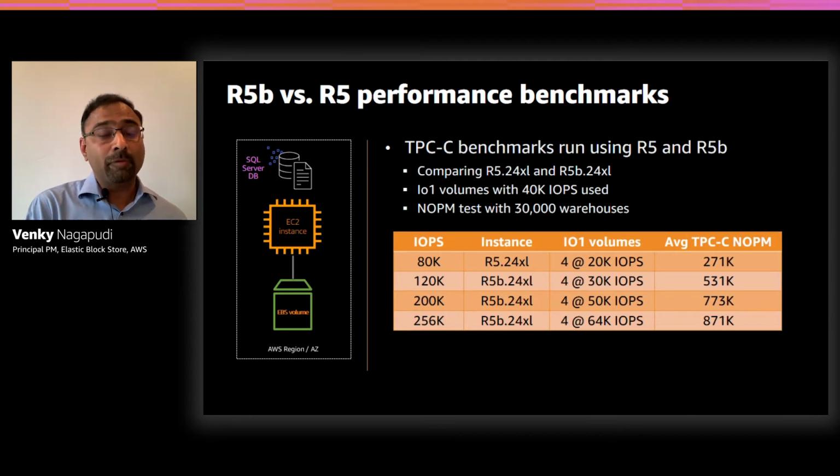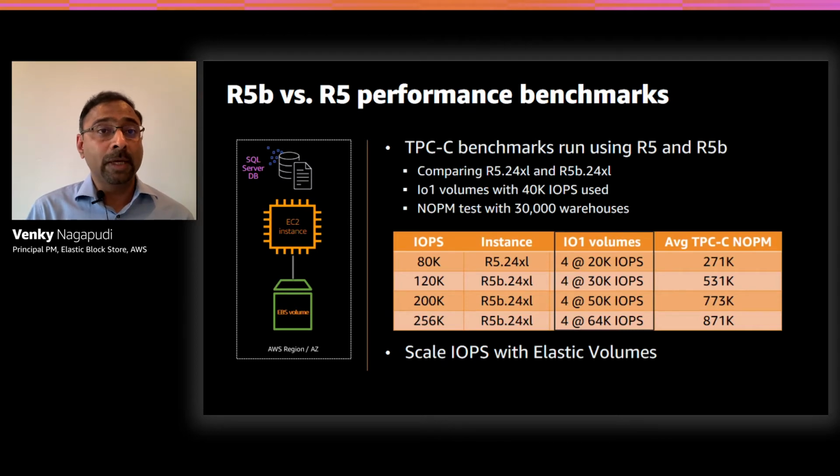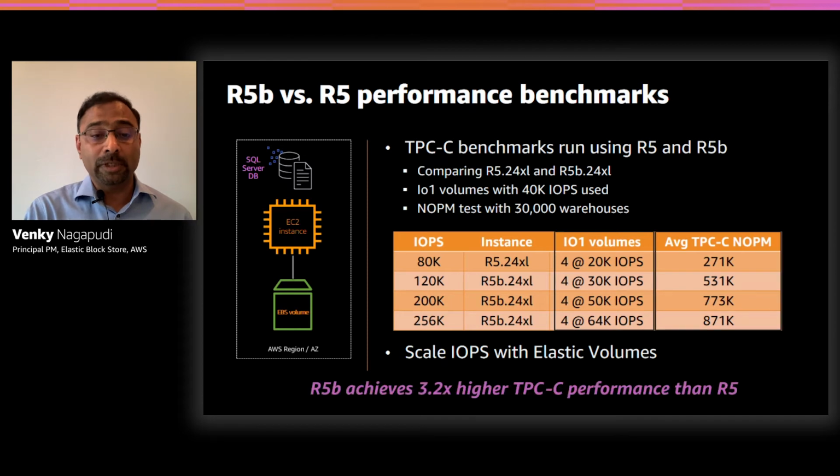So we compared the performance of R5 and R5B for different IOPS numbers. And it's very easy to dial up the IOPS using elastic volumes. And so we used a single set of 4 volumes and we dialed up the IOPS, as you can see.